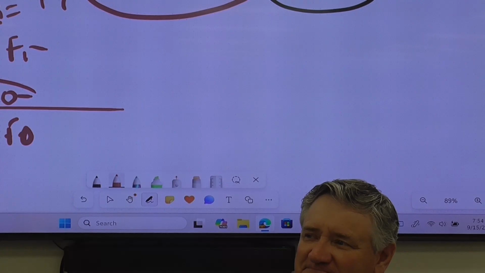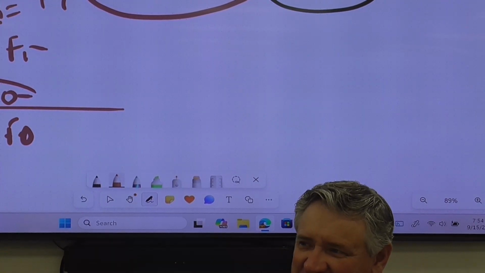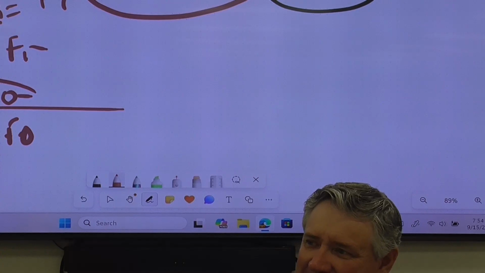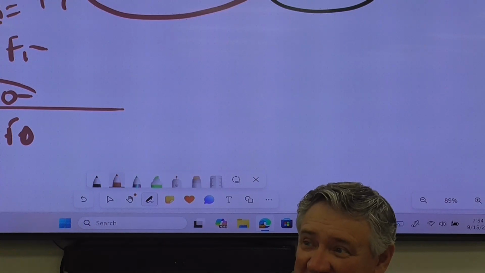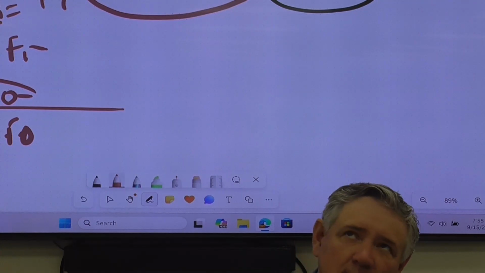Is the force friction going to create an acceleration? Yes. It better. If it doesn't, you're going to crash.